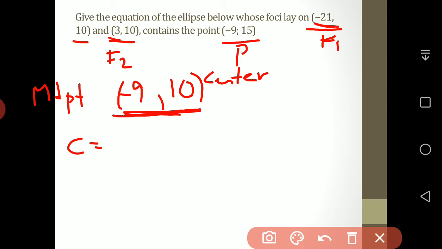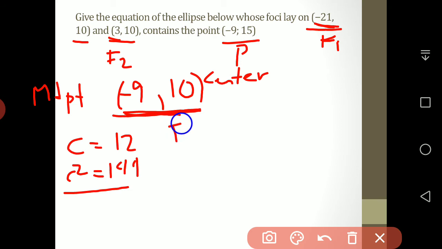Negative 21 minus negative 9 is negative 12, but we need a positive one, so that should be 12, which means that C squared is equal to 144. So we already know C, however we don't know A and B. To get A and B, we need first to remember this one.